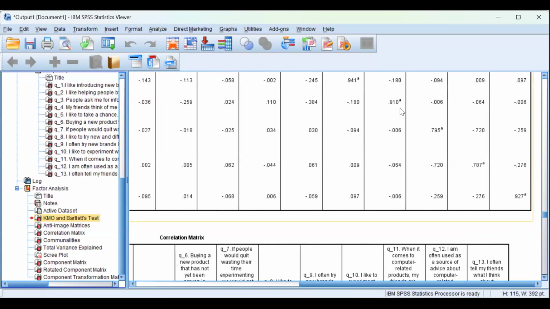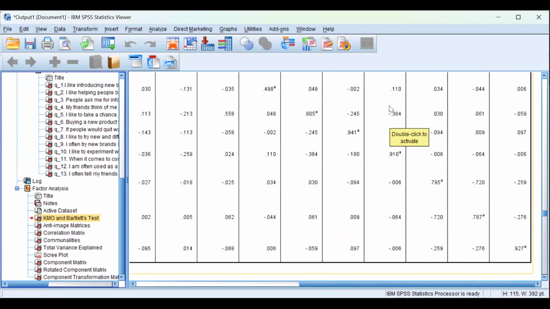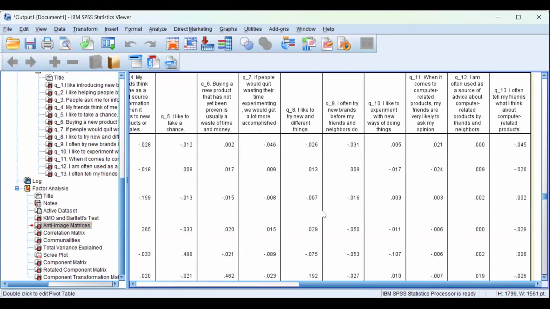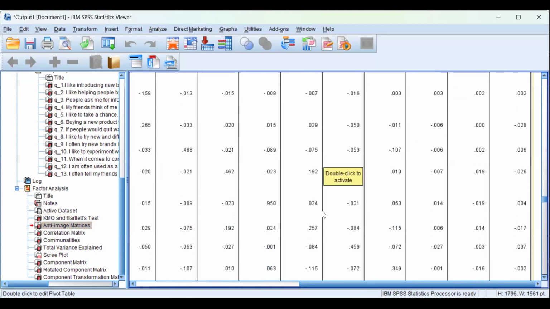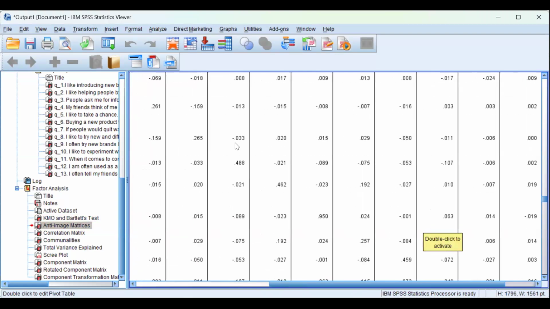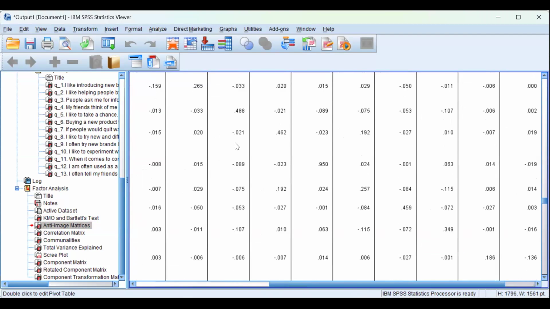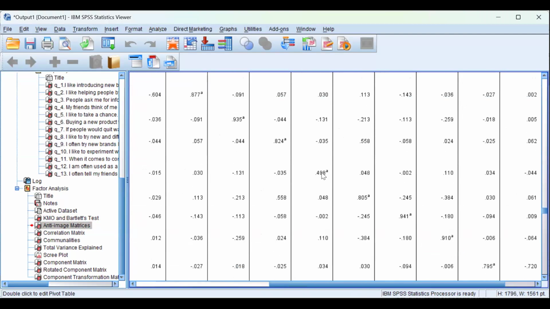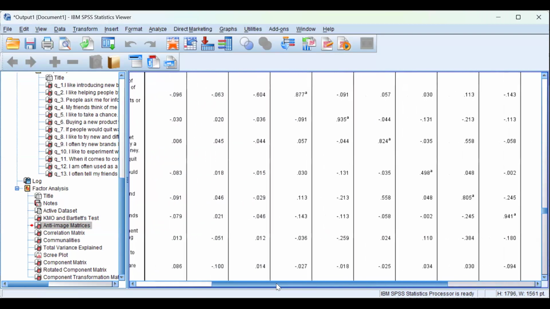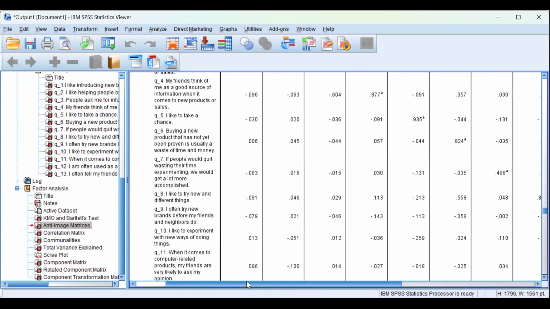can you see here? All the values, 0.927, 0.787, 0.910, I go ahead, 0.805, but there is one value, 0.498. Did you see that? Can you see here? 0.498. This value is for Q7.